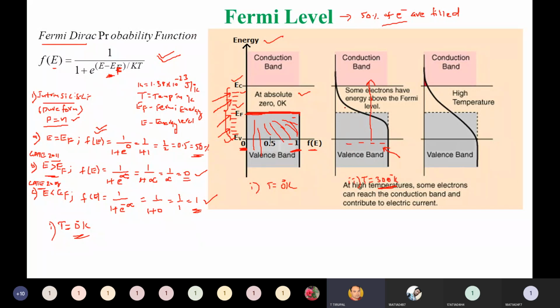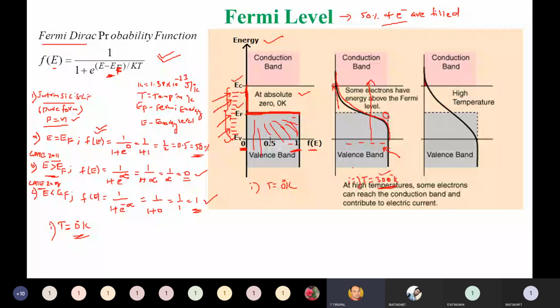Previously the curve was 0 at this point, but now since the states are filled in the conduction band because of temperature, the curve exists like this. So now there are empty states here and filled states above this level, right? This is the curve for T is equal to 300 degree Kelvin. This curve is also important.